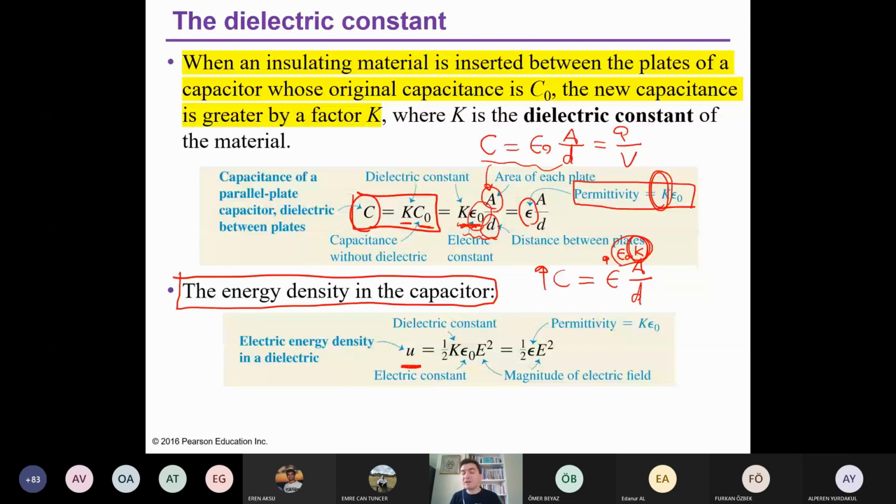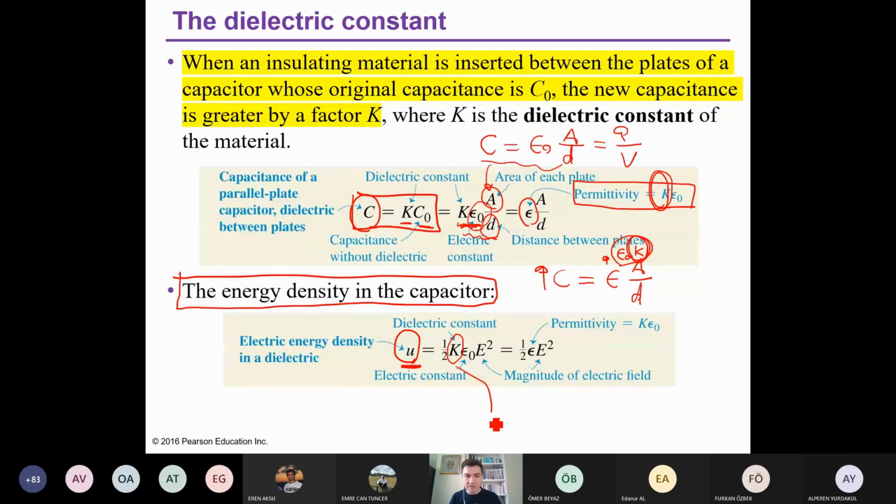What about the electric energy density? Is it increased or decreased? Here we have the K number, and usually dielectric materials have much bigger values compared to the dielectric constant of the vacuum.